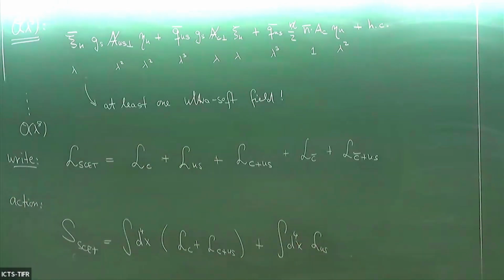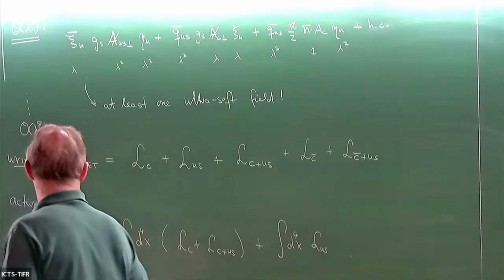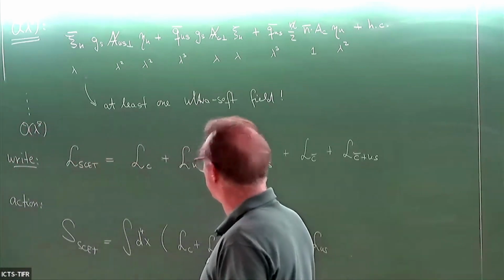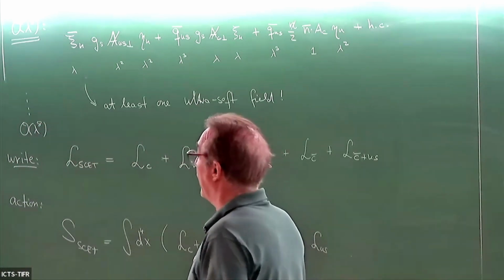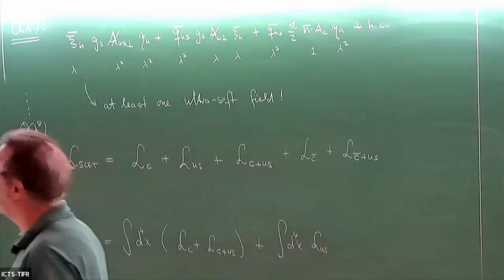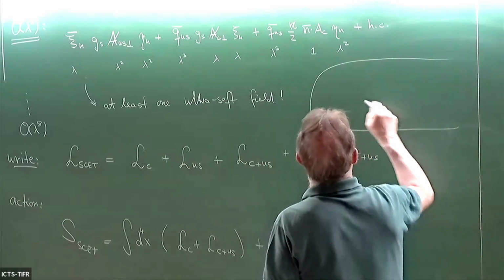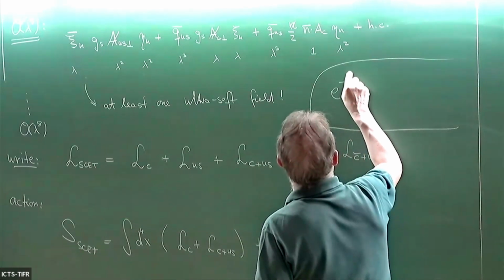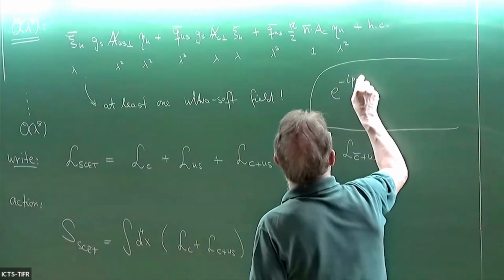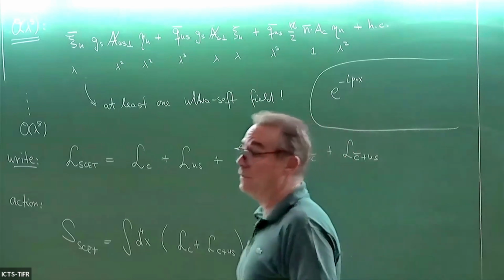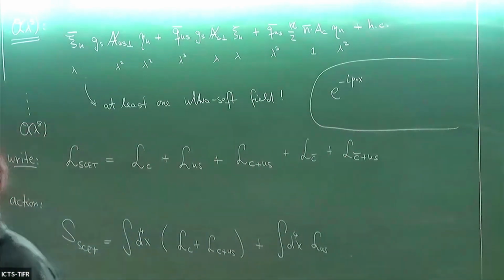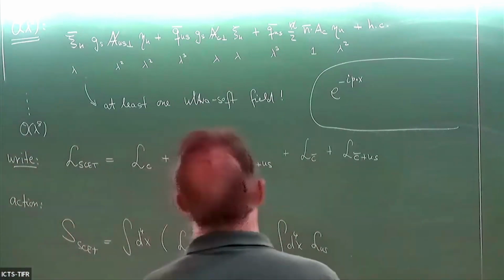Now, when we want to know how the action scales, we have to assign scaling to x. And the right way to assign scaling to x is to think about the phase factors that we have when we write down the fields or the Feynman rules, right? Everything we do, the propagator, etc., they all come with these plane wave factors.